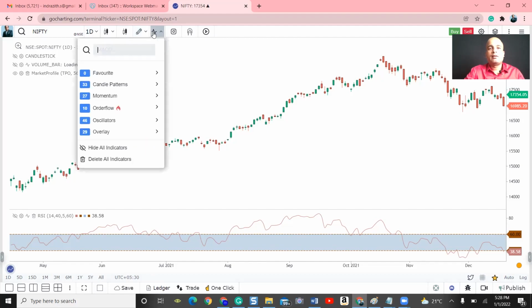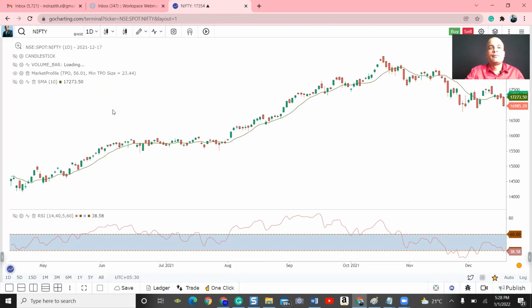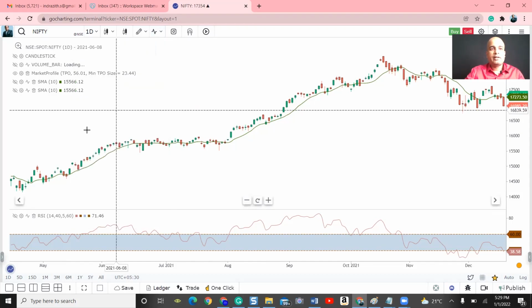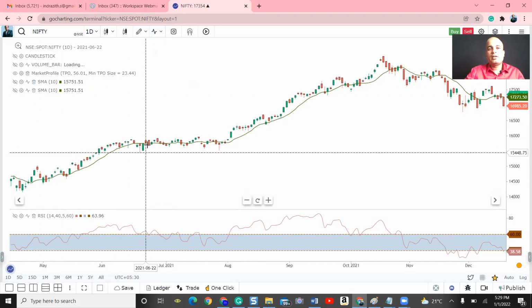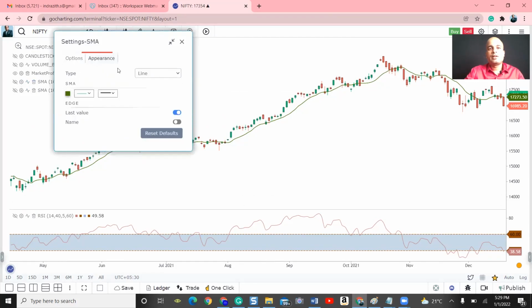Now I'll add the 10-day moving average. If you type SMA, you will get the simple moving average. In the same way, I need one more moving average. I will add it. The first one, I will retain at 10, but I will change the color to green. So green is there, this is fine.